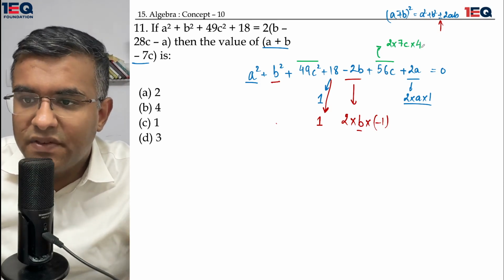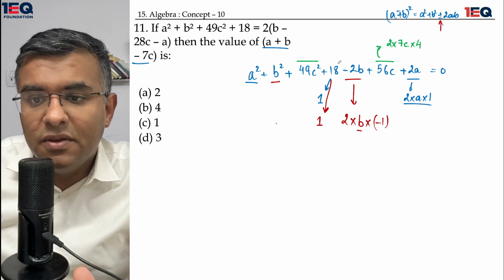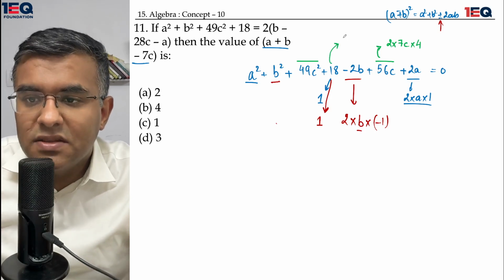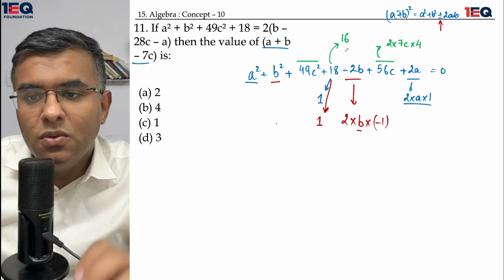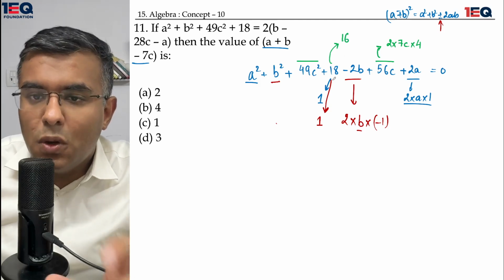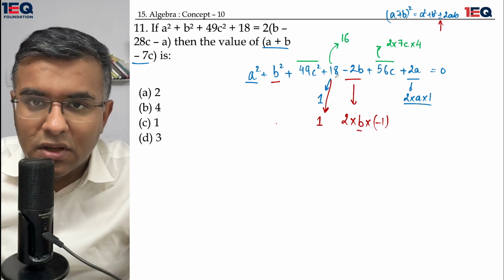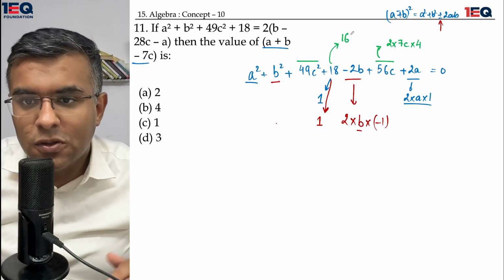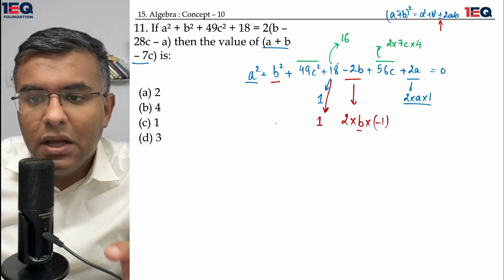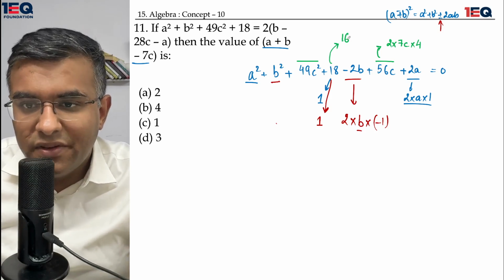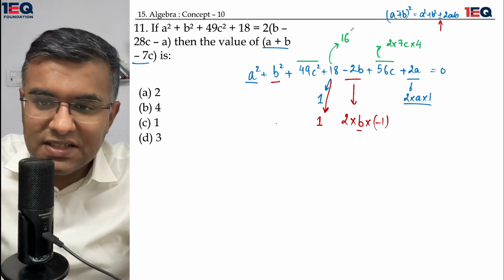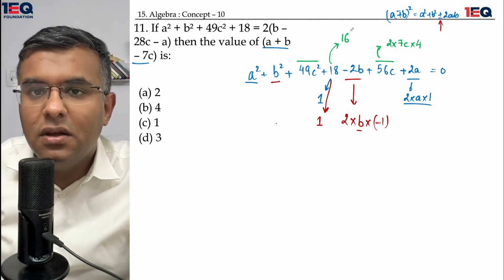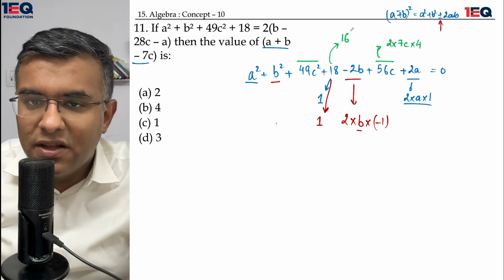Okay, 7 8s are 56. Now, where is this 4 coming from? This 4 has to be available in a square format as well, which would be equal to 16. So the constant term which I have over here, 18, is also available very well in the form of 16 plus 1 plus 1. As soon as you can split away the constant term, that means you're done with the answer.